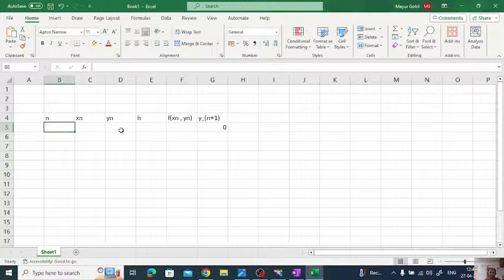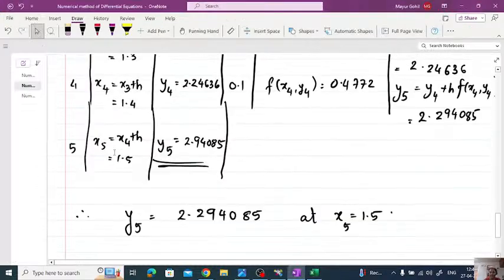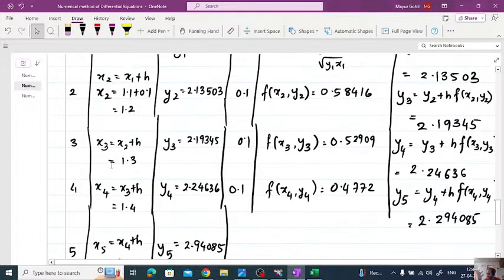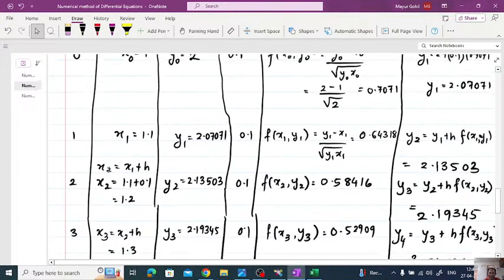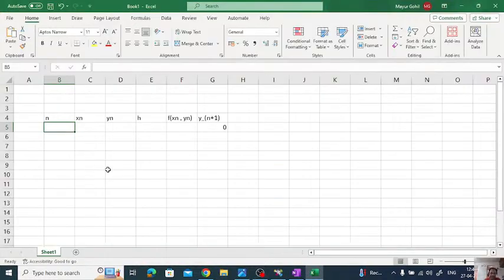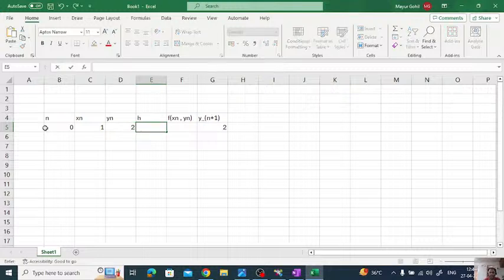Now let's see how the whole procedure works in Excel, because on Excel this is a very good thing to understand. It gives you your answers. You'll see the whole process of how it is happening, and it is a very nice process to understand. Here we had our entry as 0. The next entry, when it was 0, here it was 1, here it was 2, here it is 1, and 0.1 is the step that we have.